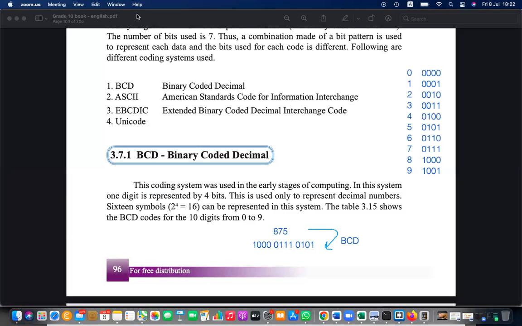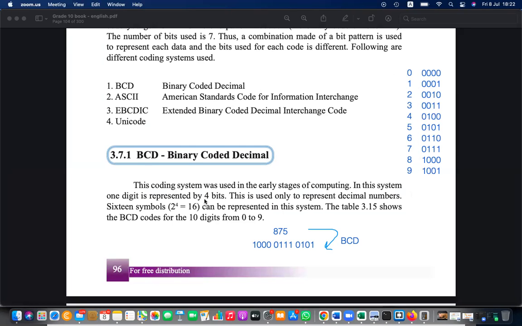The basic issue is it cannot be used to represent letters. It is sufficient only for these 9 digits. You could extend it if you increase the representation, because it has 4 digits. 4 digits means maximum how many symbols?